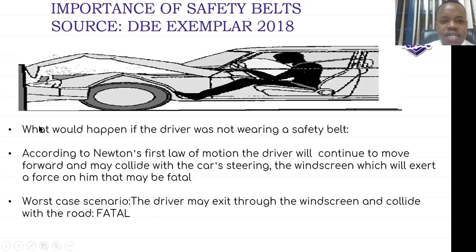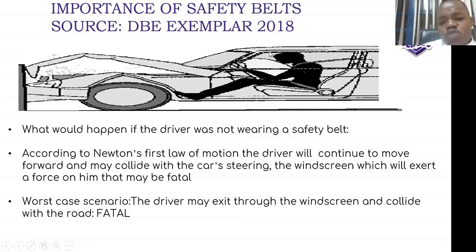Now, the question here is, what would happen if the driver was not wearing a safety belt? According to Newton's first law of motion, the driver will continue to move forward and may collide with the car steering and the windscreen, which will exert a force on him that may be fatal.